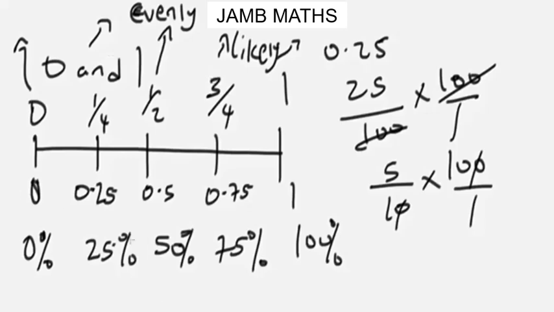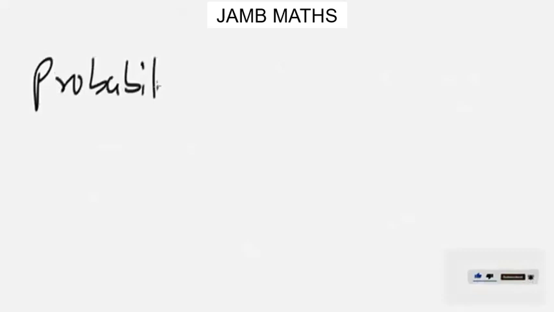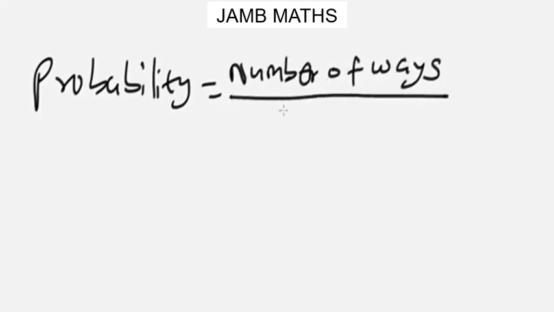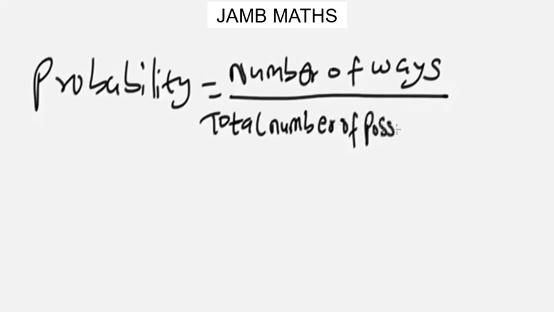Let's wipe this. Now basically, we have the basic formula to be: probability equals number of ways of something to happen over total number of possible outcomes.